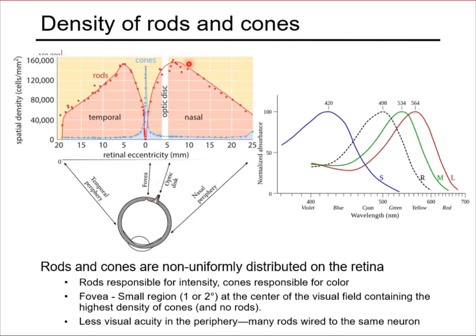For other regions, the cone cells decrease quickly and are replaced by rod cells. So what does it mean? It means we can sense color only in a small region, and outside of that small viewing area, we can only sense brightness.